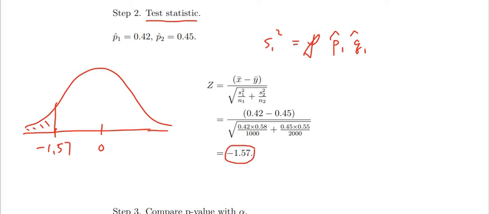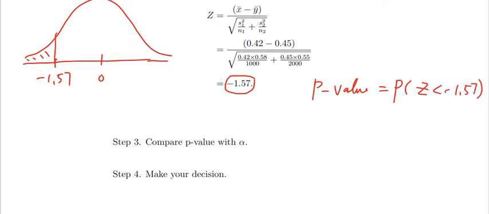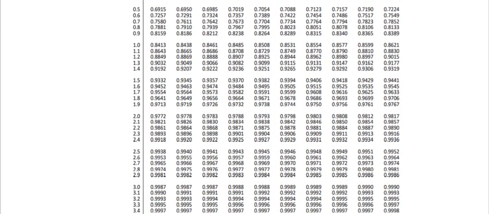So we can find a p-value. What is the p-value? The p-value is this probability: Z less than negative 1.57. So we check the Z table. We check positive 1.57, then use 1 minus. Let's check the Z table.